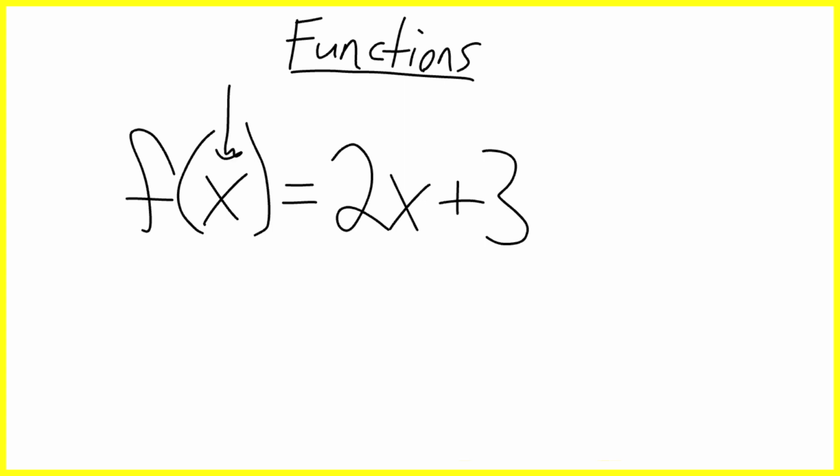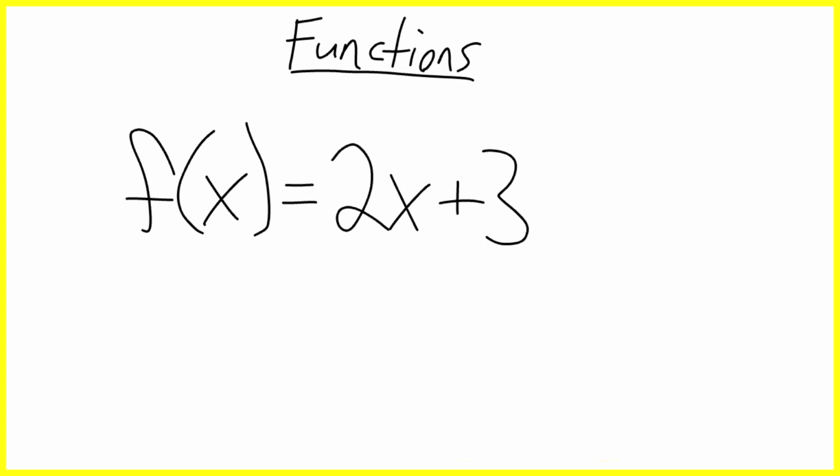To get our output values, the input has to go through the function. This 2x plus 3 expression is our function, and f of x equals means it's defining this as our function. The 2x plus 3 is what's changing that input value, and the result is our output value.